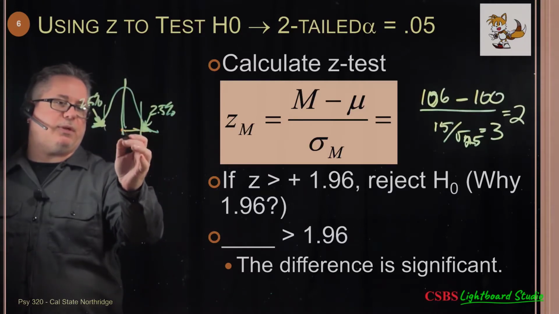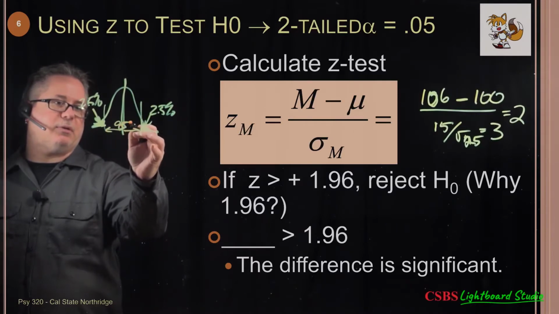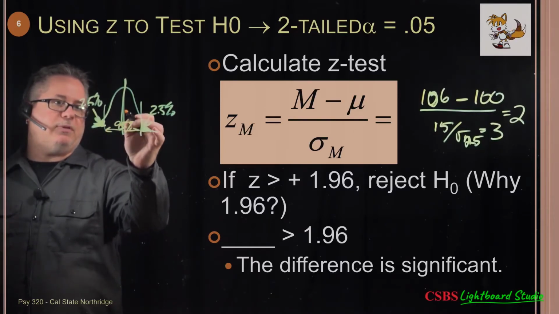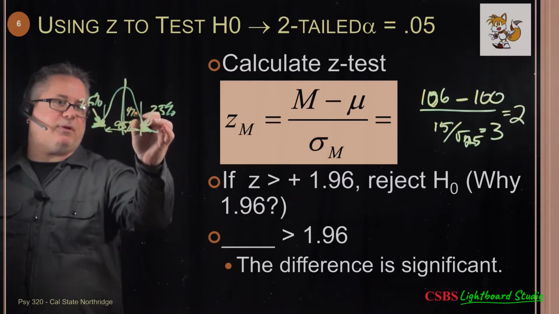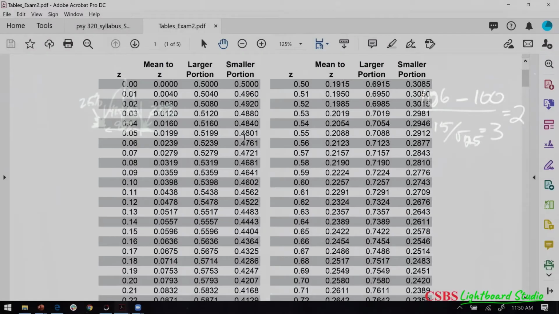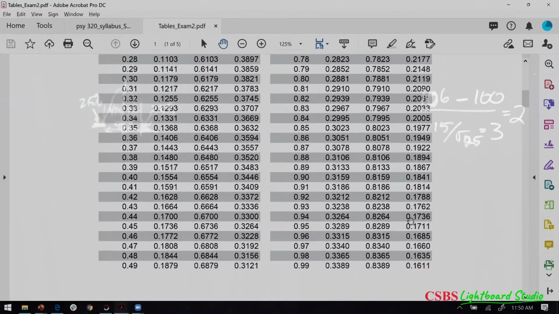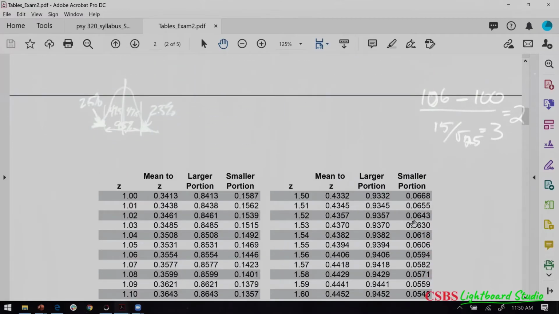That means the whole middle is 95%, so this side would be 47.5 and this side would be 47.5. If I go down, I'm looking at the smaller portion that corresponds to 2.5%, that's 0.025.